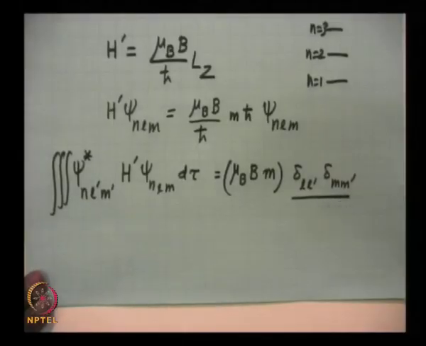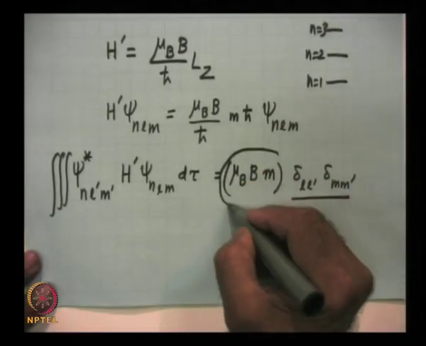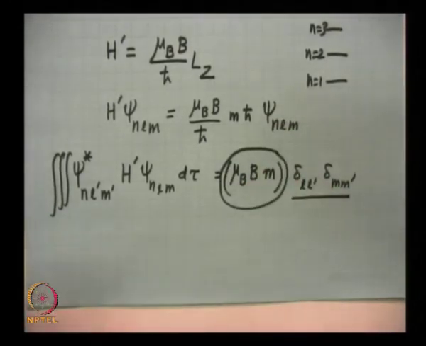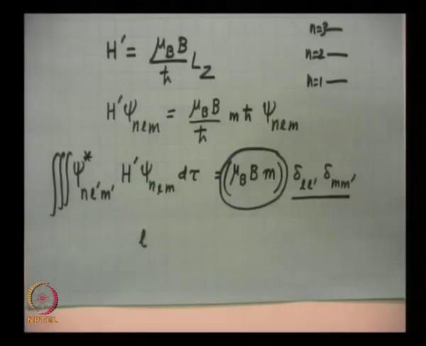Because the magnetic field is assumed to be in the z direction, we already have a representation in which H prime is diagonal, because any off diagonal elements are 0. So this will represent the perturbation, and this is known as the normal Zeeman effect, and any value of l will make it split into different values of m.